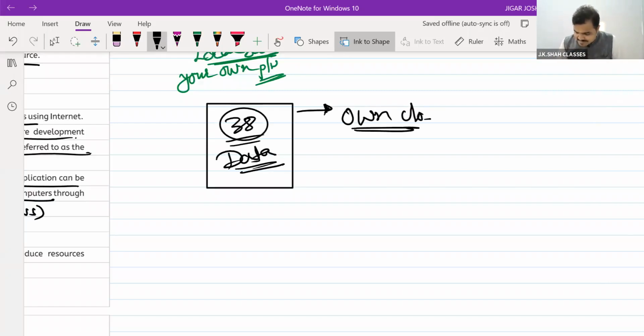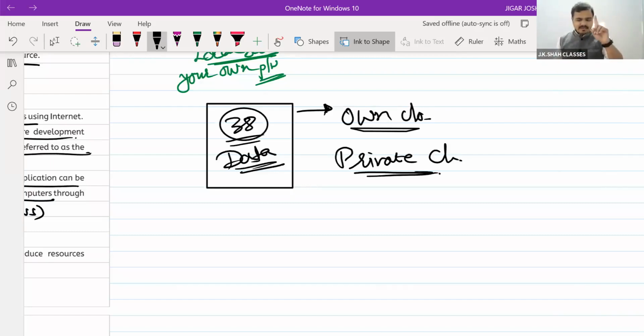When we, people, construct our own cloud service for our own purpose, it's called private cloud. It's called which cloud, people? Private cloud. Understood? First one clear? Yes, sir. First one is completely clear about the private cloud.